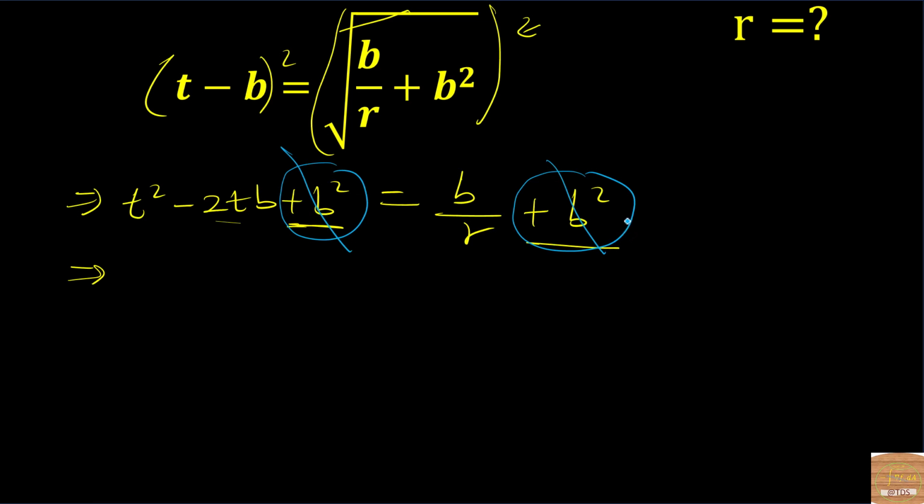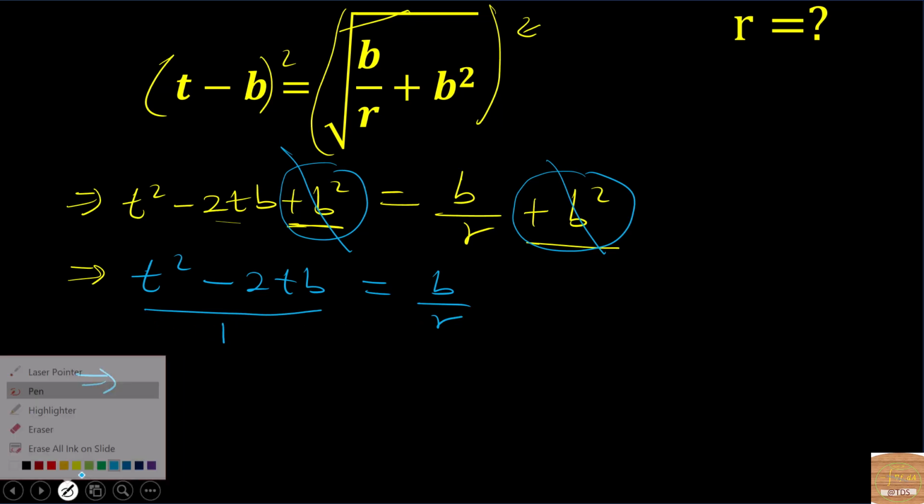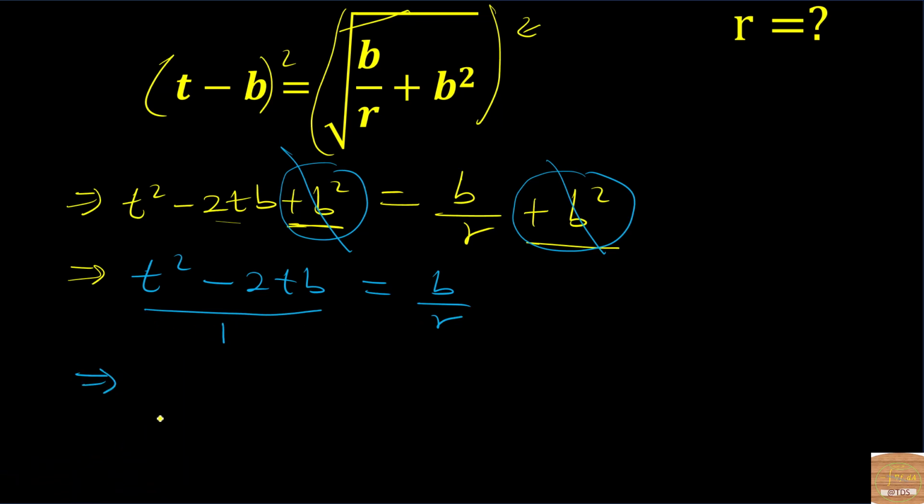So I'll be left with t squared minus 2tb equals b on r. Let me make this over 1 and do cross multiplication. So I have r taking everything here, t squared minus 2tb equals b, and we have to make r the subject.